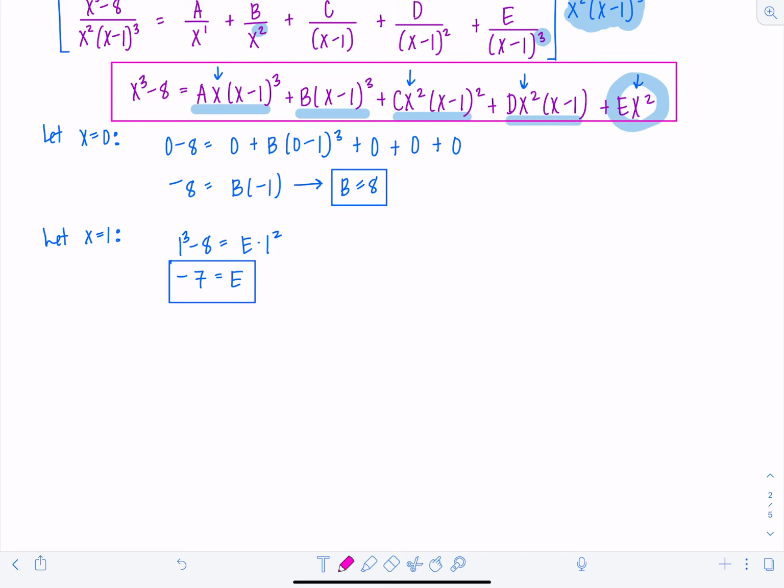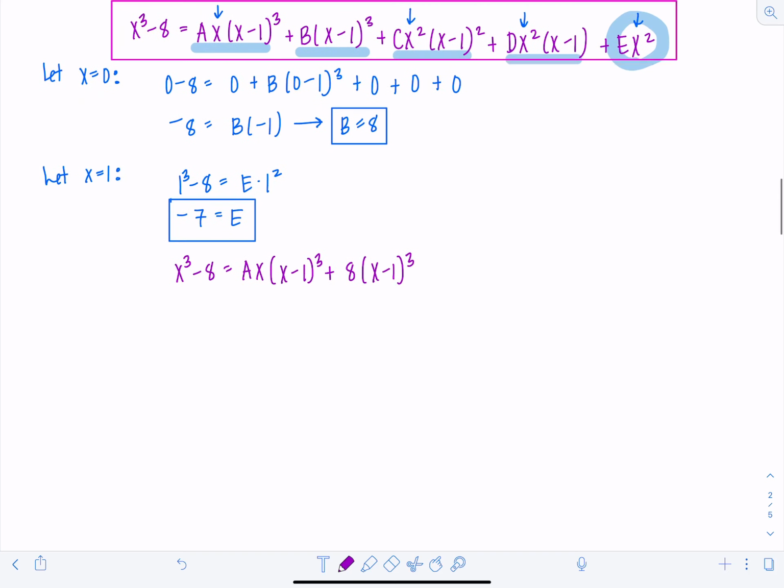So I have now x cubed minus 8 equals ax times x minus 1 cubed plus 8 times x minus 1 cubed, since I know that's what b equals, plus cx squared times x minus 1 squared plus dx squared times x minus 1 minus 7x squared, since we know e is negative 7 now.